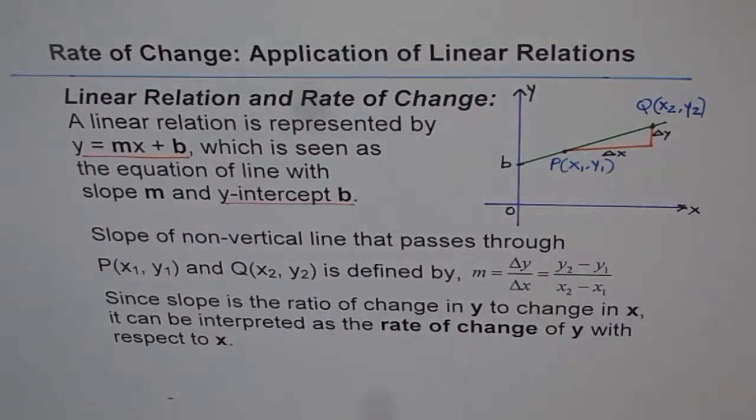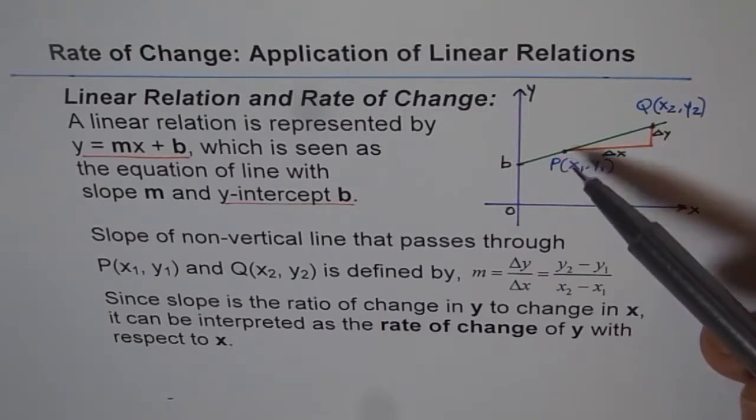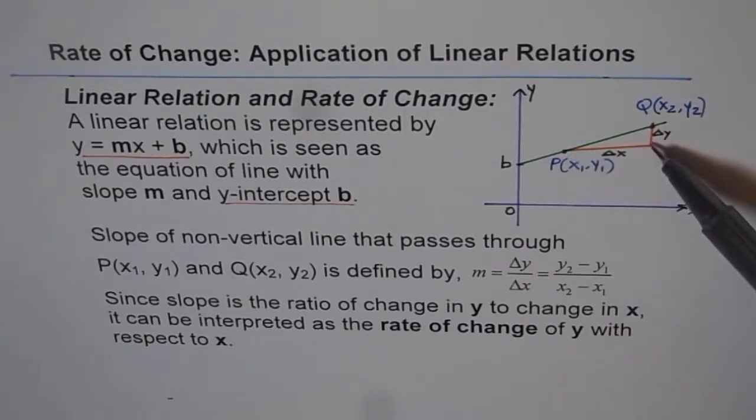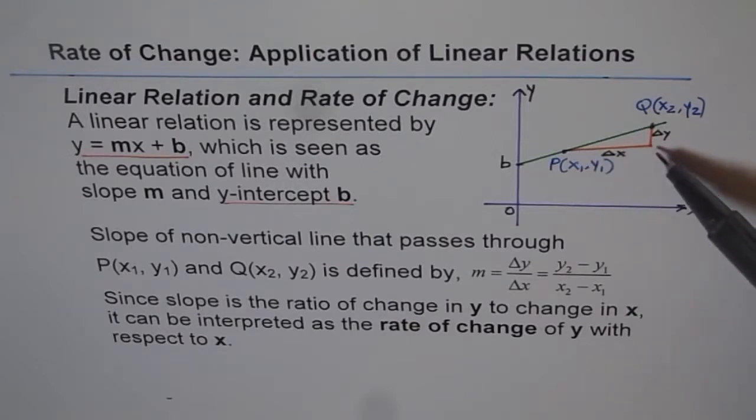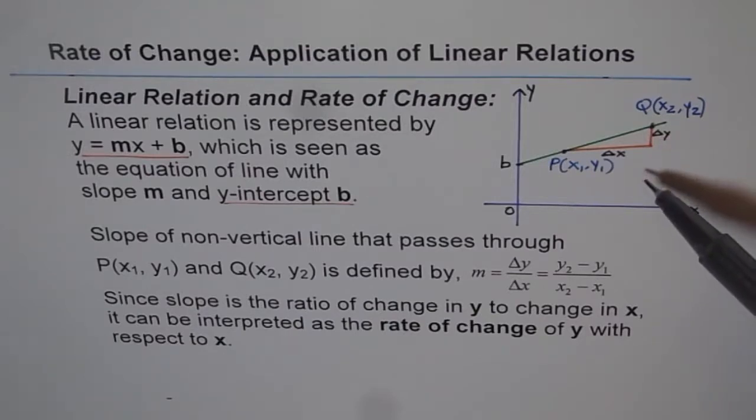Thing to remember. Now what is slope? Slope, as you know, is rise over run. Change in vertical divided by change in horizontal distance, right? So delta y represents the change in y value.